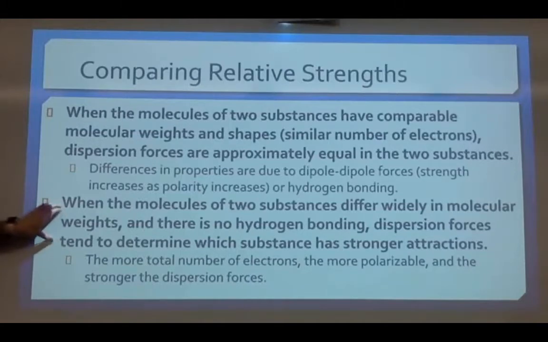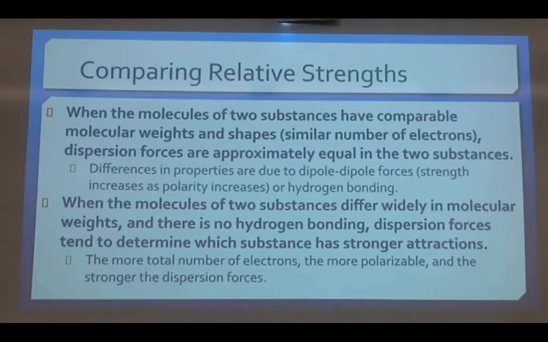This bottom bullet point is going to be one of the most important, and this is in the notes. When the molecules differ in size, so one is significantly larger than the other, and there's no hydrogen bonding. So hydrogen bonding typically outweighs everything. It's very strong.